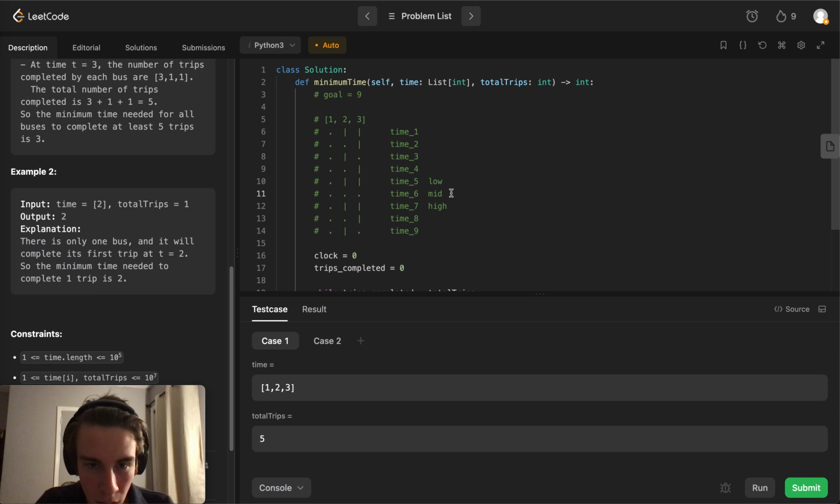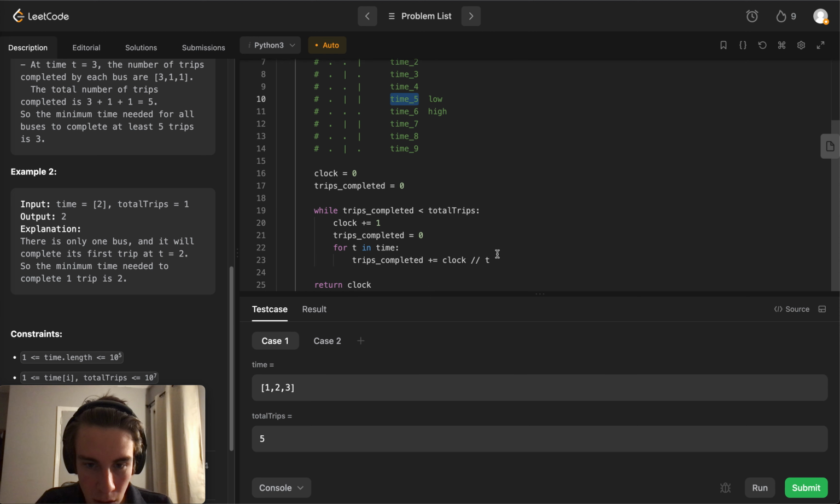Call this mid. 1, 2, 3, 4, 5, 6, 7, 8, 9, 10, 11. High. And you see where this is going, right? Mid would now be low, and then we say 1, 2, 3, 4, 5, 6, 7, 8, 9. And then we return time 5. I think that makes sense.